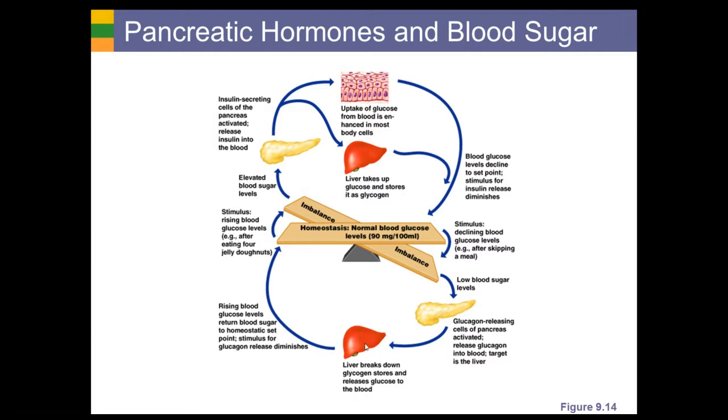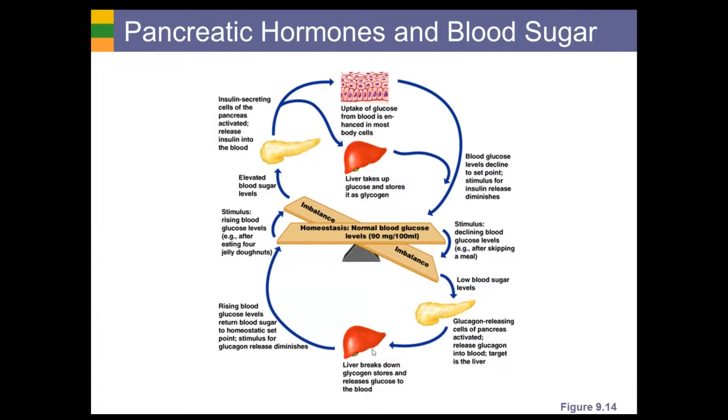Glucagon is going to target that liver that stored glucose as glycogen after you ate that jelly donut. And it's going to cause the liver to break down that glucose and release it into the bloodstream, bringing blood sugar levels back up to the normal range.